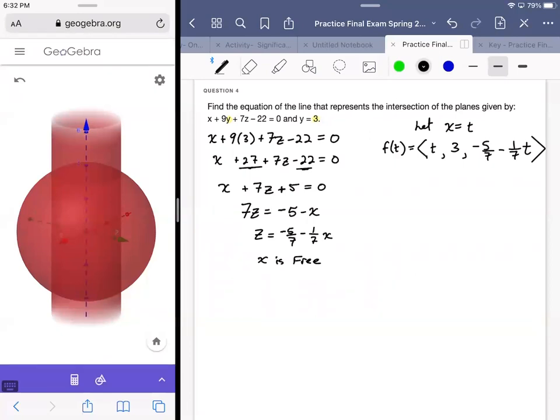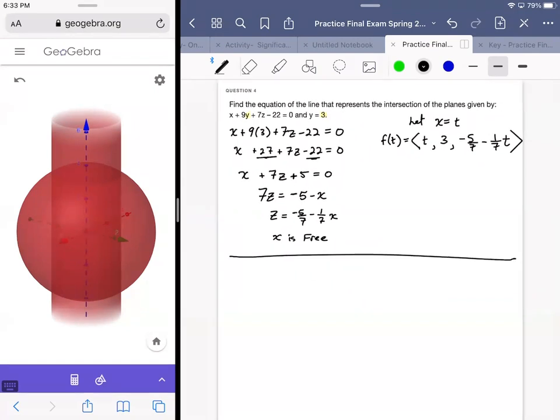All right. The other approach, without spending too much time on it, because I don't want to bore you, but I also want you to be prepared, of course. You can do it with Desmos and some linear algebra, row reduction techniques. So you have x plus 9y plus 7z equals 22, and then y equals 3.